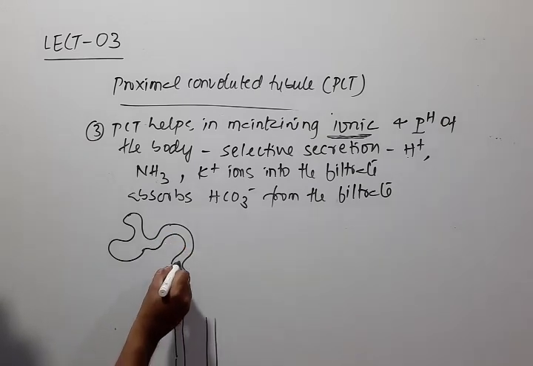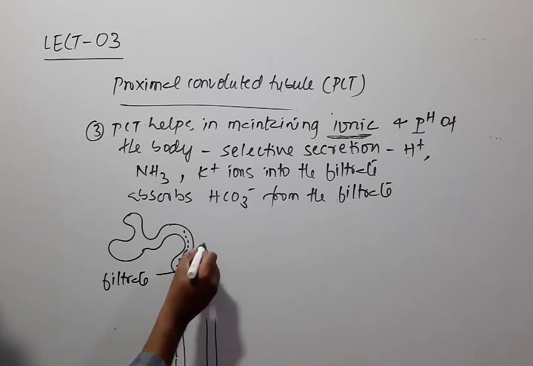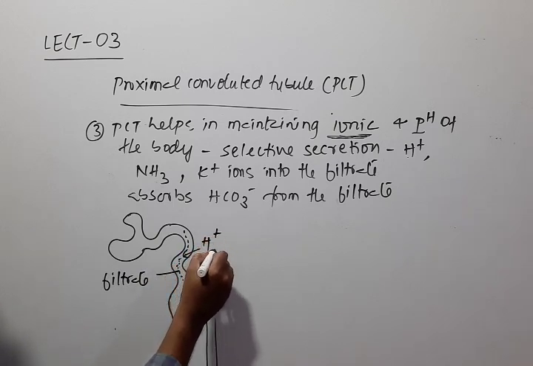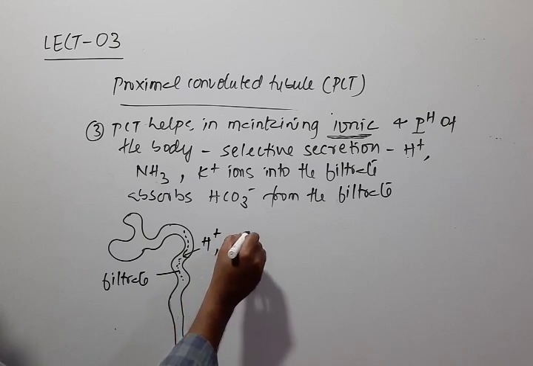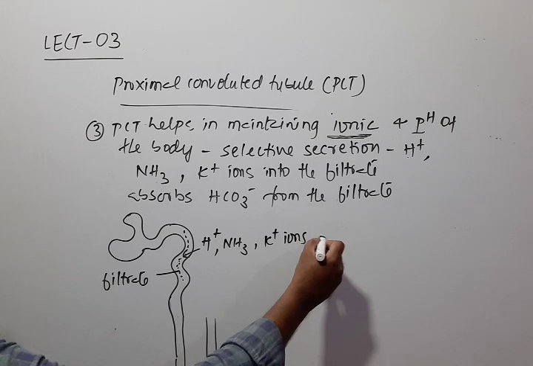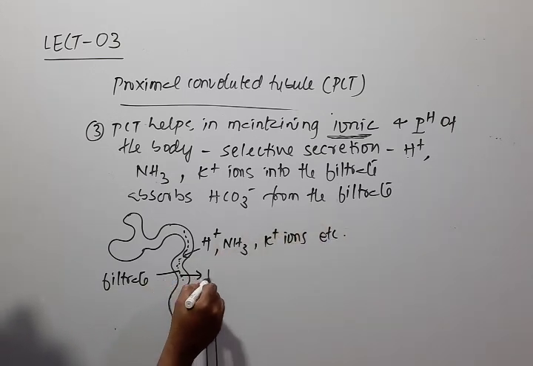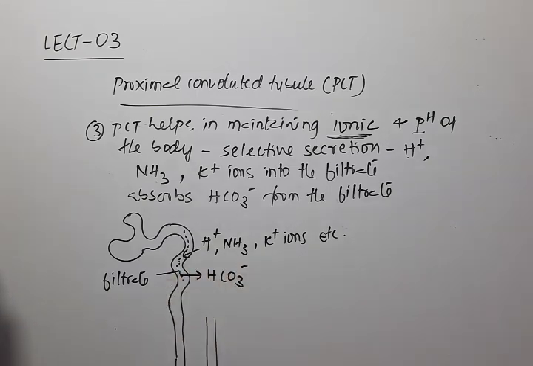Whatever is inside this PCT is what we call the filtrate. Into this it releases hydrogen ions, ammonia, and K plus ions, etc. And from the filtrate it absorbs the bicarbonates. This is how the PCT helps in the ionic and pH balance.